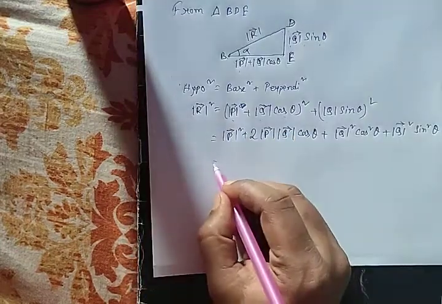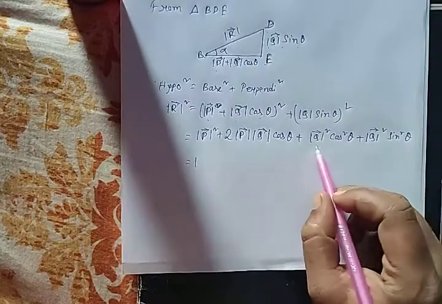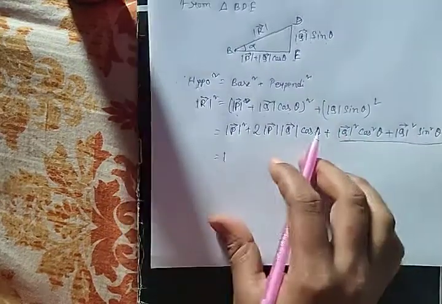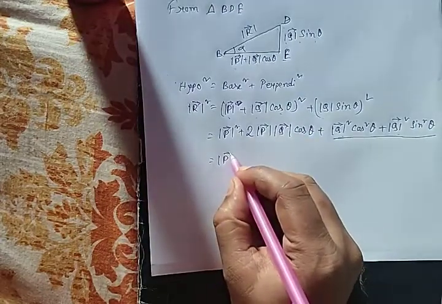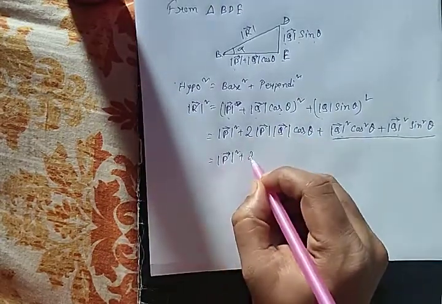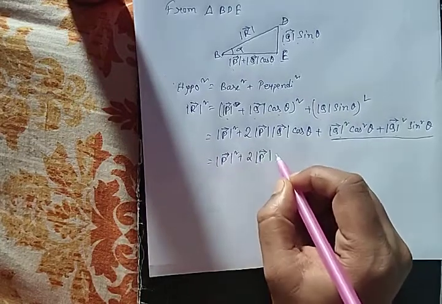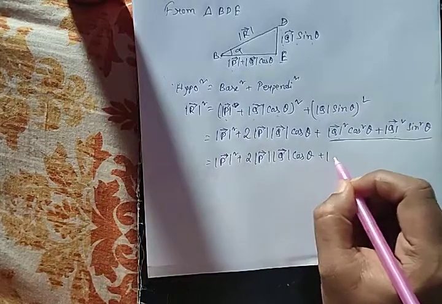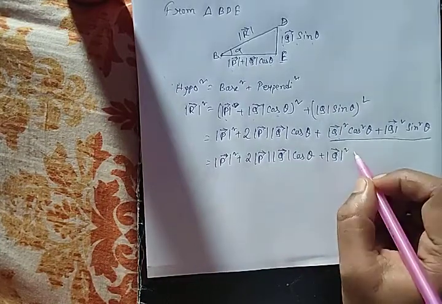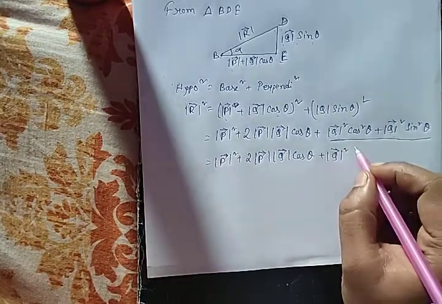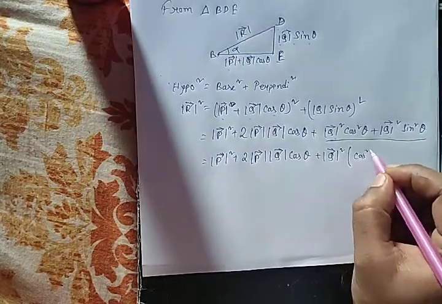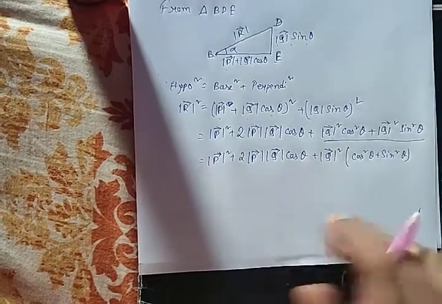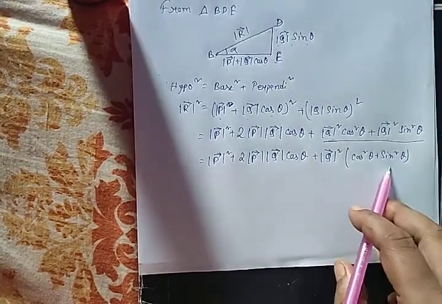Okay, so now from these two terms we can take mod Q square as common. So that means mod P square plus 2 mod P mod Q cos theta plus mod Q square. If I take mod Q square as common, then what is remaining? Cos square theta plus sin square theta. Now you know that the value of sin square theta plus cos square theta is equal to 1.